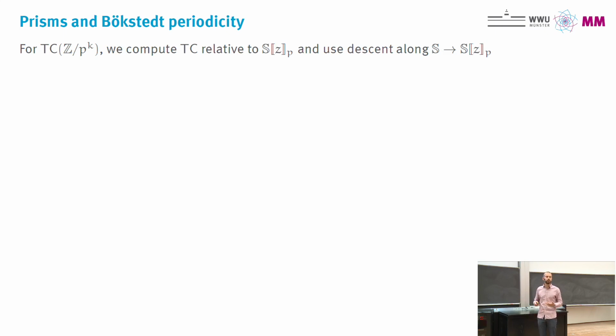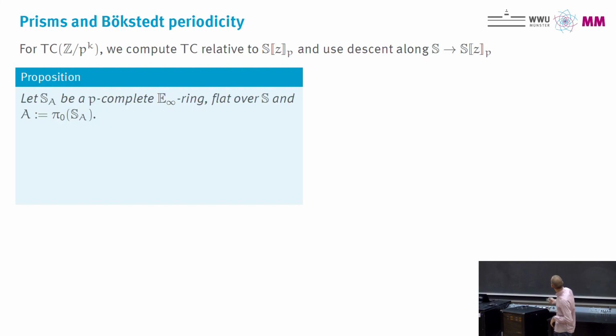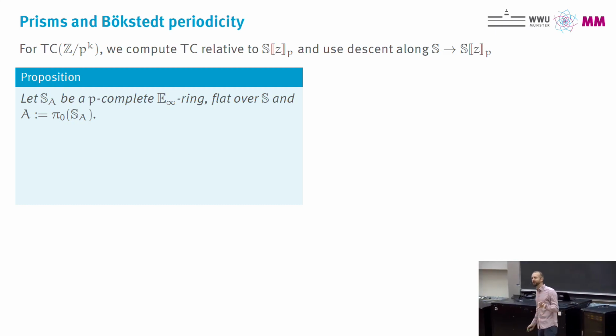That's a strategy which I outlined a couple years ago in a paper with Achim Krause, and Leo Wang had also used it to calculate something like TC of the p-adic numbers. So that's a well-known strategy. And in order to make this work, I first of all have to understand this relative TC. And here's a tool to understand this relative TC and make this whole strategy work.